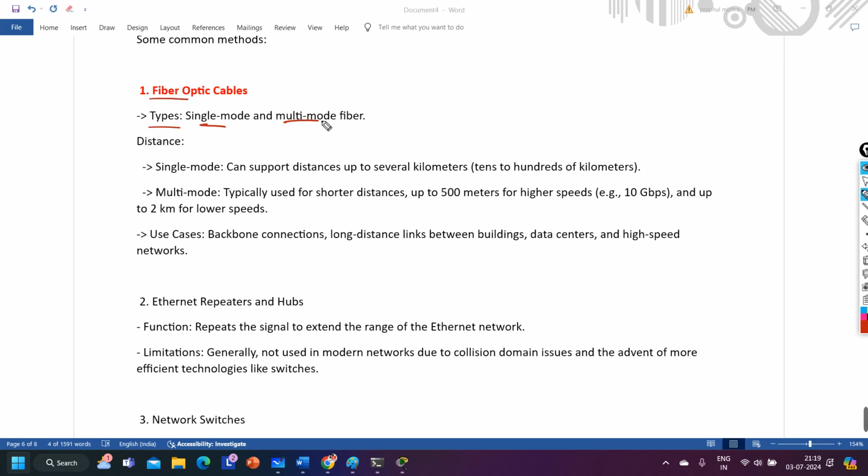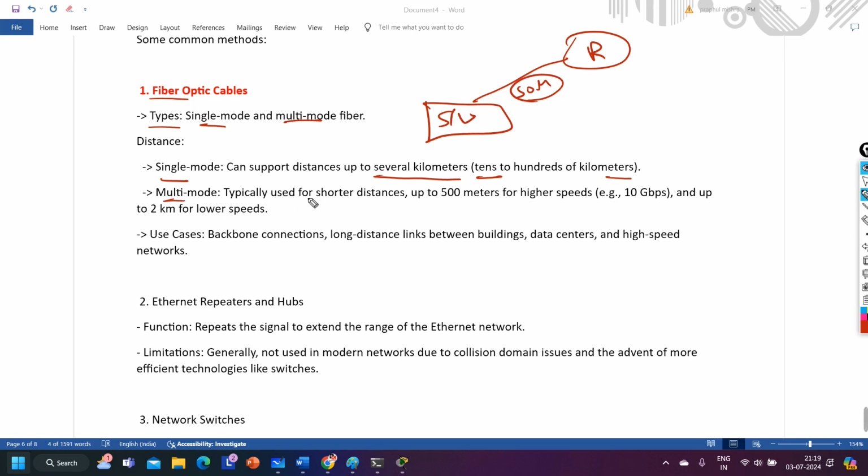So types: single mode and multi mode. Single mode can support distance up to several kilometers, tens to hundreds of kilometers. So if distance is only 500 meters, which type of cable will you use, single mode or multi-mode optical fiber?